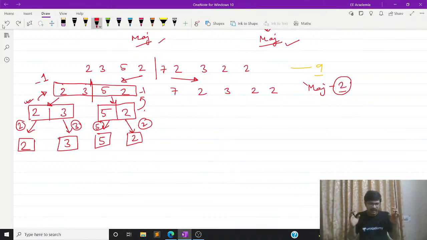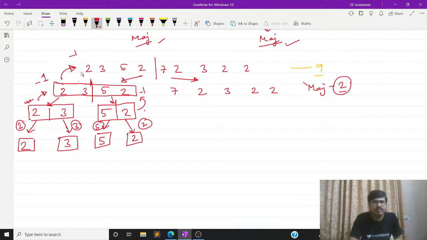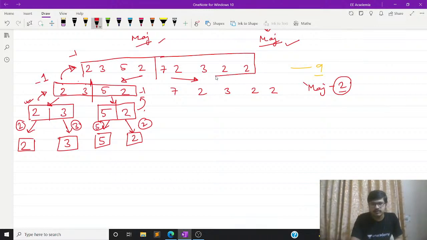If in an array the left half has no majority element, and the right half also has no majority element, then I can say that there is no majority element in the entire array. So the left half of the array has got no majority element, -1.